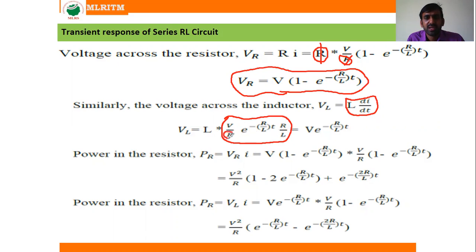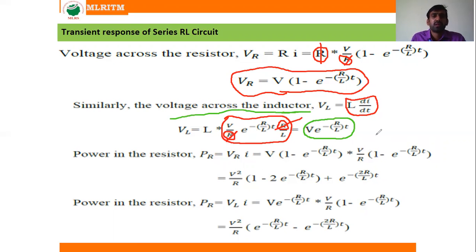If you observe closely, the R in the denominator and the R in the numerator get cancelled. So the final expression is VL is equal to V into e power minus R by L into T. This is the expression for the voltage across the inductor.